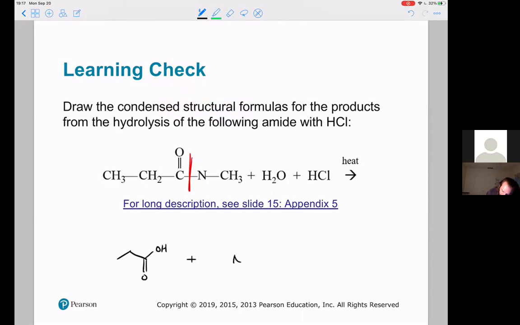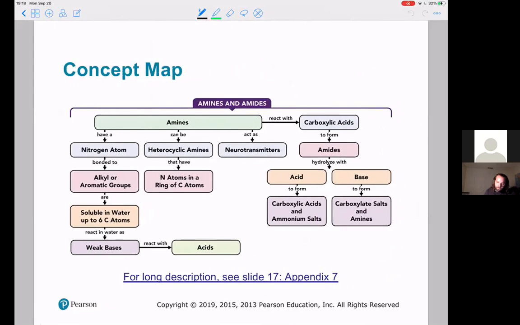And I will have my nitrogen that's still bound to its 1 carbon. Okay. But now, because we're under acidic conditions, it should be the ammonium ion. So how many hydrogens will I need to fill in to create the proper ammonium ion? Right, so I'm going to need 3 hydrogens and a positive charge on that nitrogen, right? Because the ammonium ions have 4 bonds. Cool.